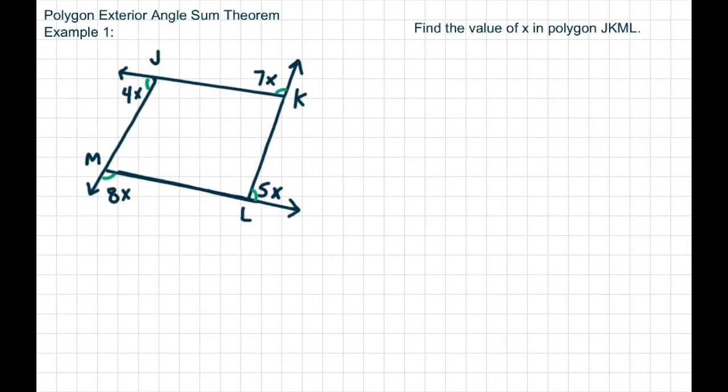So when I'm looking at this polygon, I want to focus on all the outer angles that are here. In this shape, there are 4.